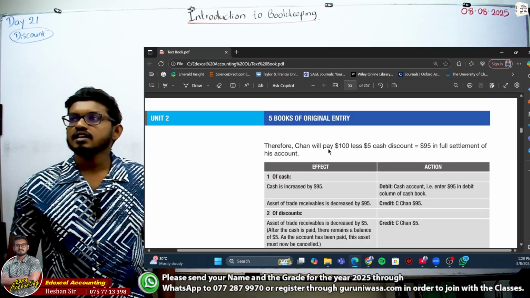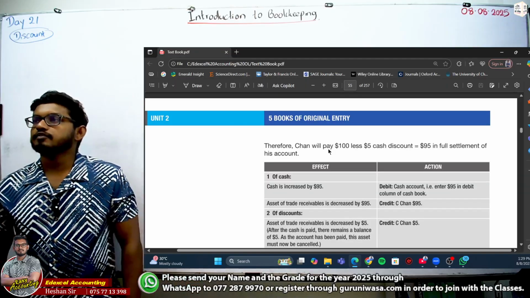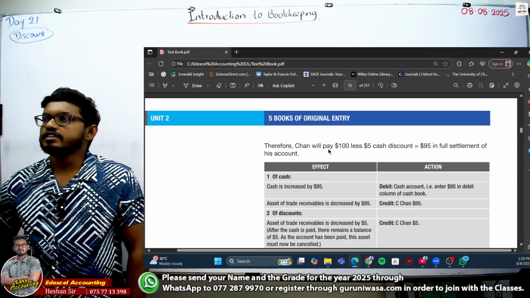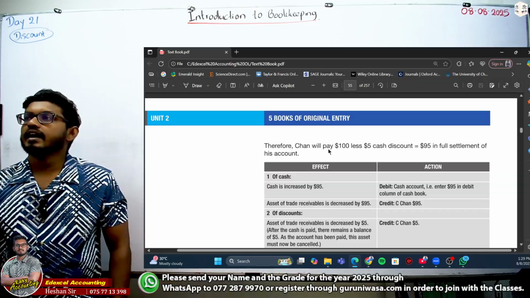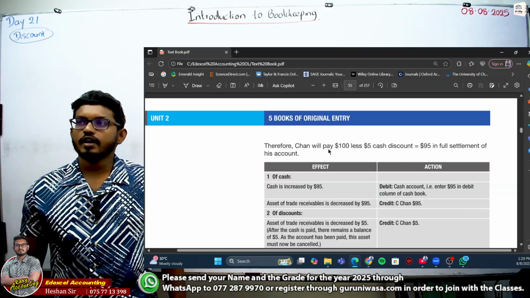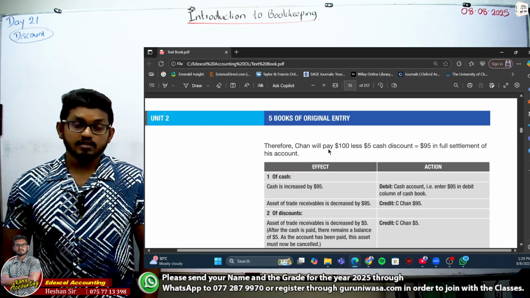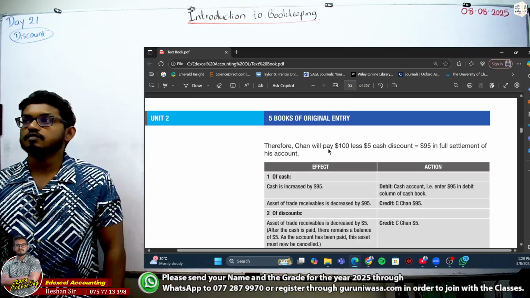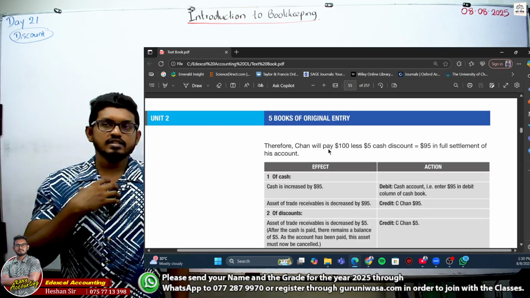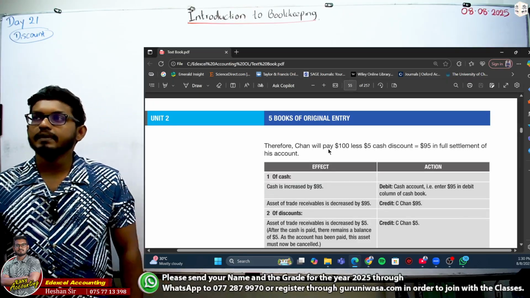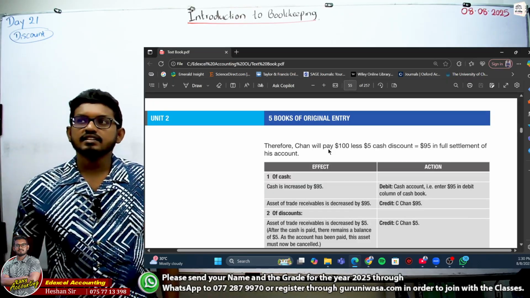Effect of cash: cash is decreased by 95 from Chan's perspective. Asset of trade receivable is decreased by 95, right? Now when we discuss from Chan's business, he's the one who received the discount. He's the party now paying the cash, so he pays only 95 cash.